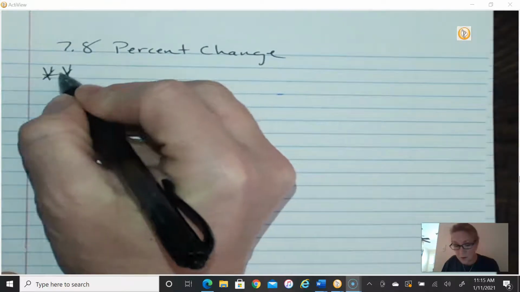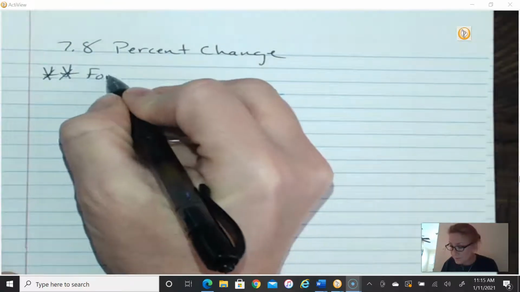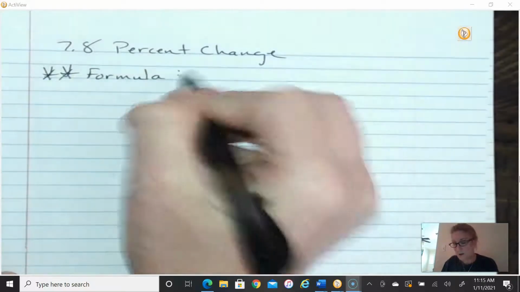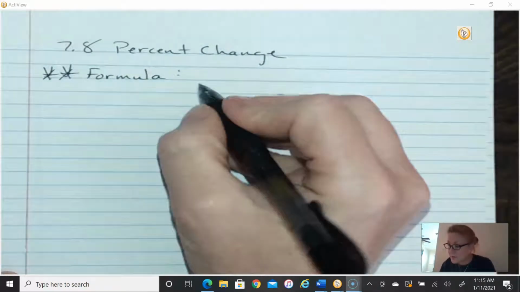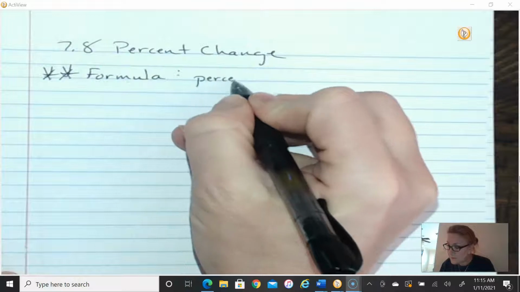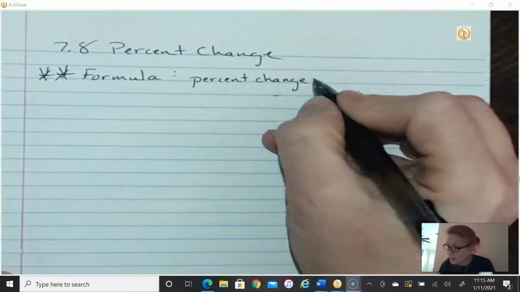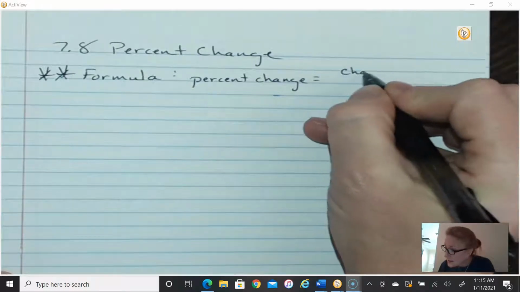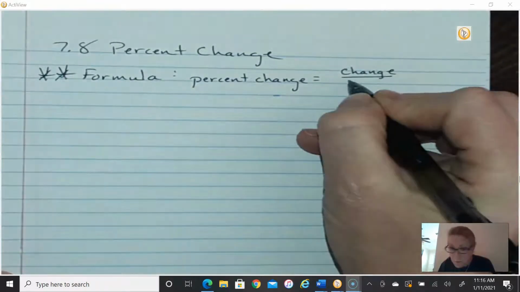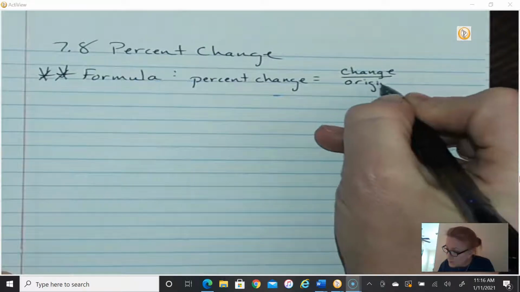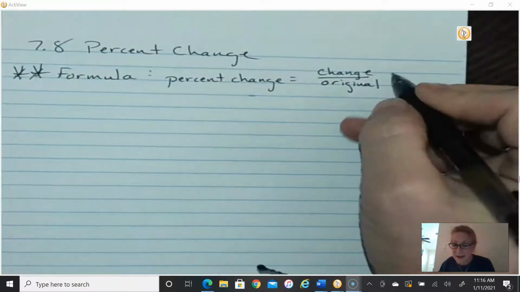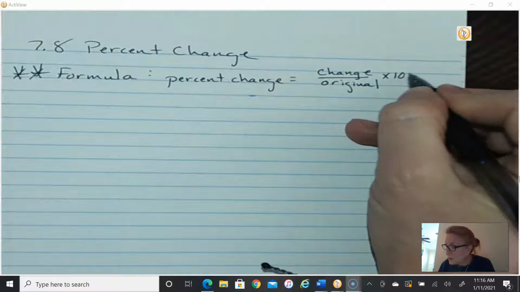All right, so the formula for percent change. To get the percent change, it's change over original, times 100%.